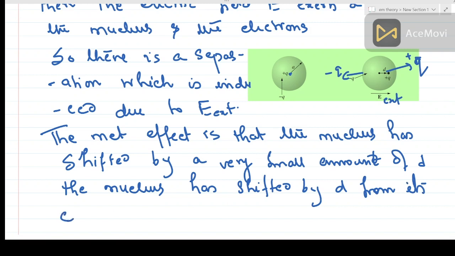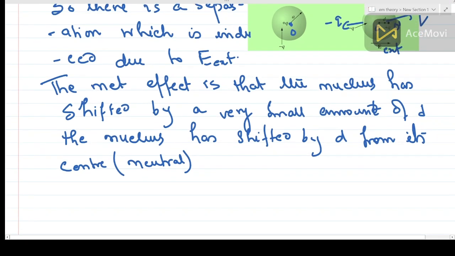The center was that point when the atom was neutral and it was not experiencing any field. Suppose this point is O. So now the center is shifted from O to, suppose it is O dash. This is the situation that is occurring due to the application of the external electric field. This is what is happening.